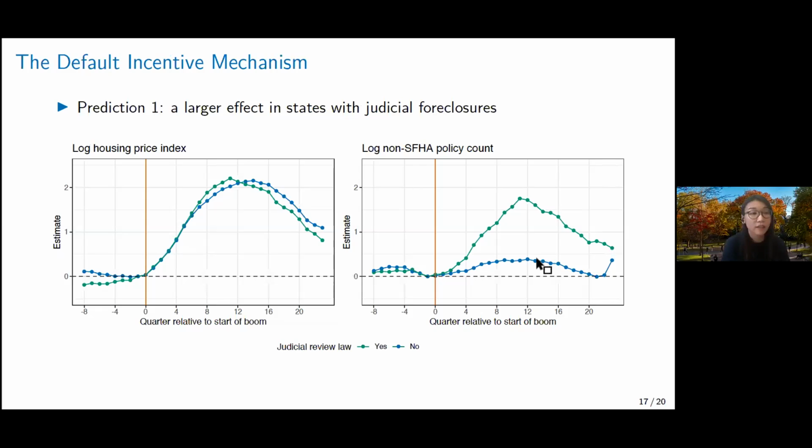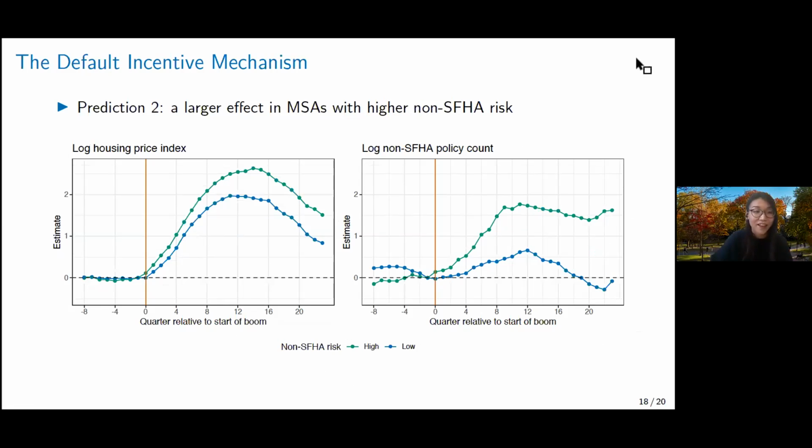Whereas when we look at the default incentive mechanism, here the green line is from MSAs that have judicial review law, and the blue line is from the MSAs without judicial review. In terms of home price, they have similar dynamics. In terms of flood insurance take-up, we see a huge divergence where the MSAs with judicial review laws respond much stronger.